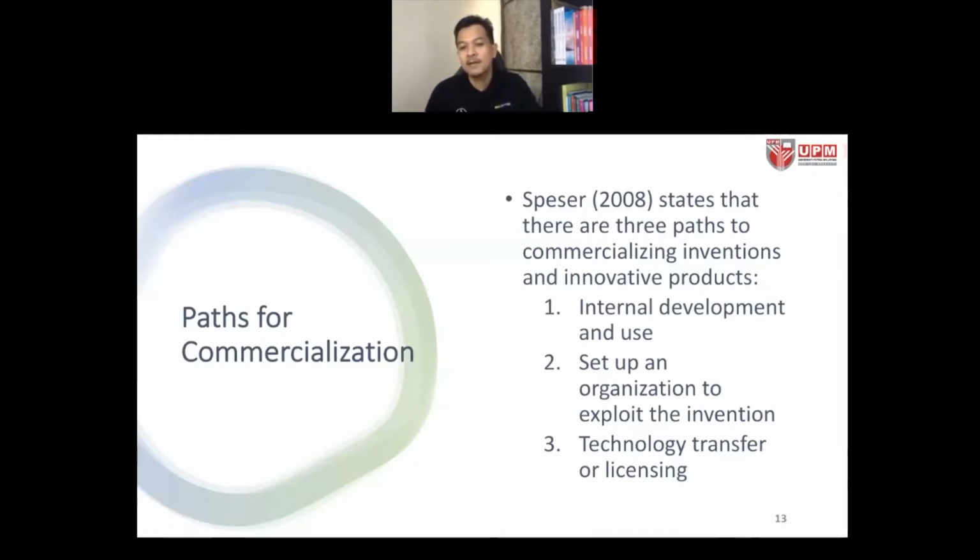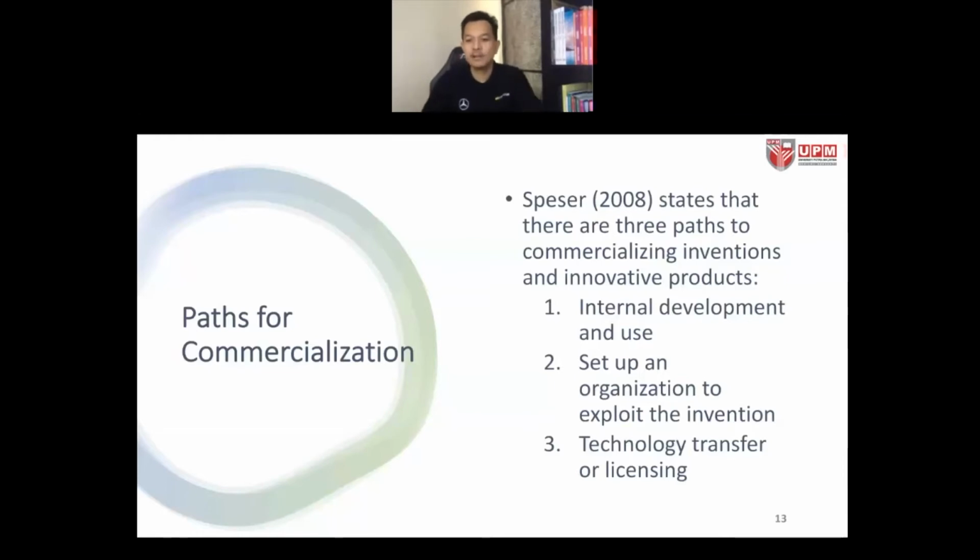This is an example where you produce the product via a spin-off company. Like you have an organization, you set up another organization, a spin-off company, to expedite the process of commercialization, like a business arm of your entity, of your company.